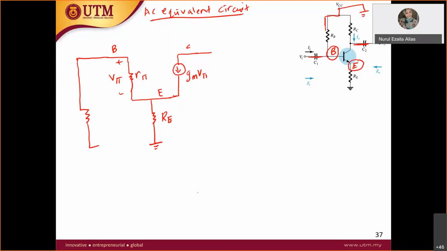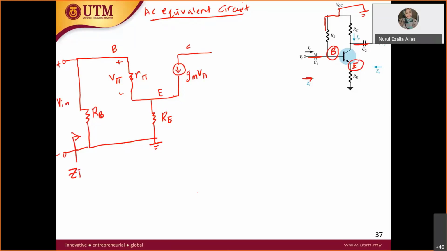And then you have your V in, plus minus. Where does the arrow of V in go? It is before RB, so therefore this is your Z in.